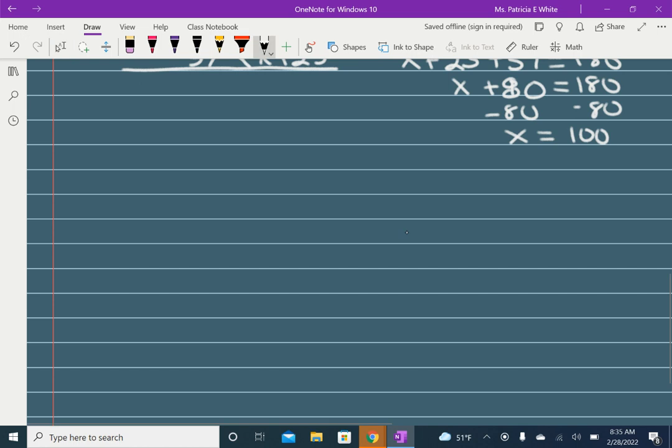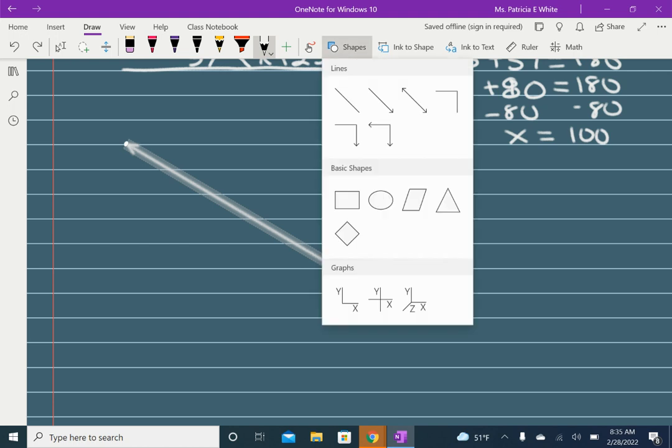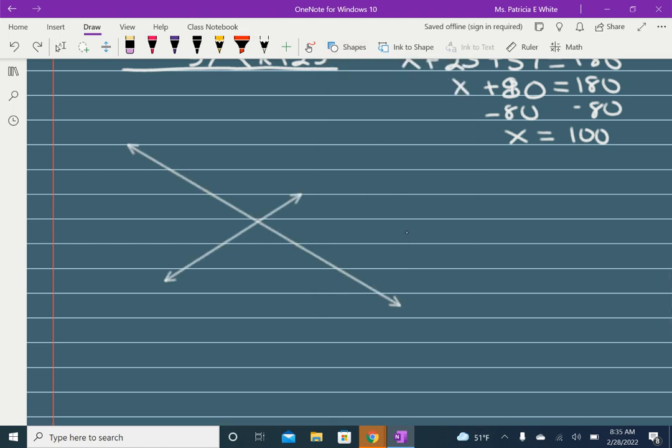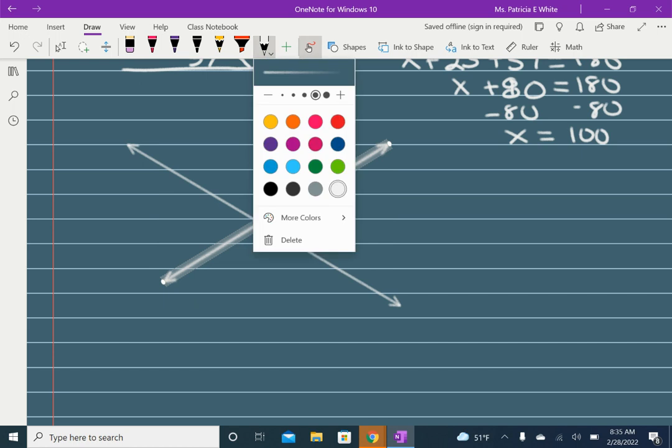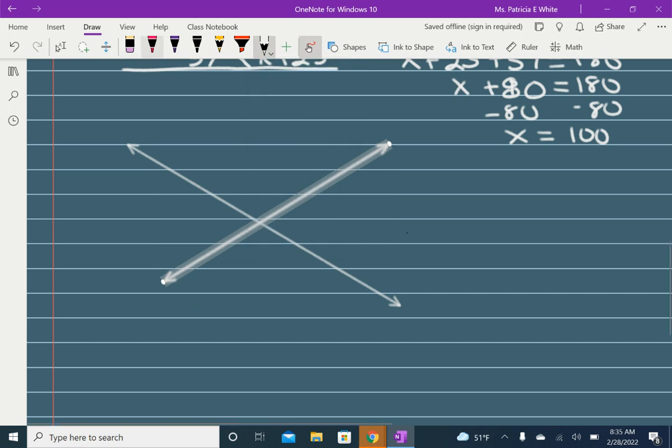All right, the other. What kind of angles do we get if we have two intersecting lines? What were these angles called? What if this was A and B?